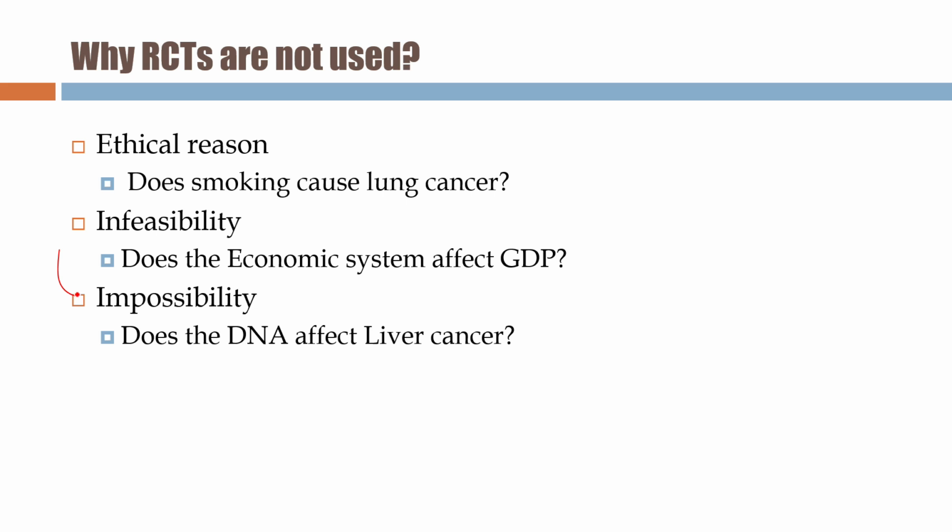To study that kind of effect, when a baby is born, you would have to change the DNA, and then raise the kid, and then see whether the kid gets liver cancer or not. No, it's not possible. We cannot do that. So that's why we use a lot of observational data.